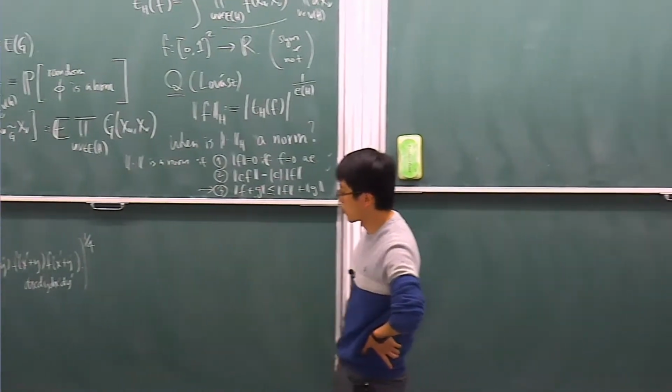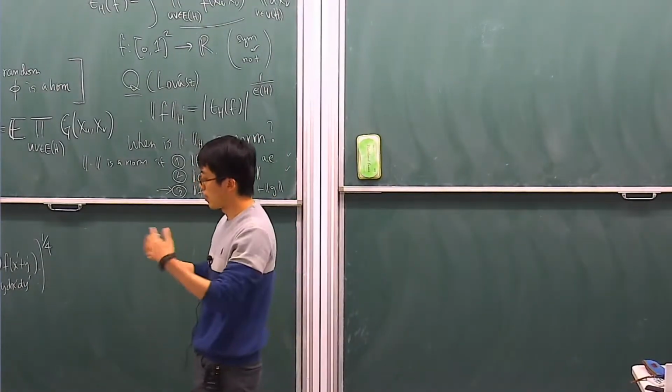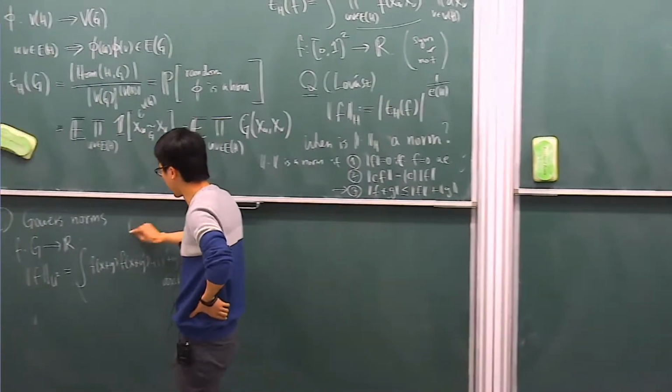This is the definition of the Gowers U2 norm, and there are higher Gowers norms like U^k norms.